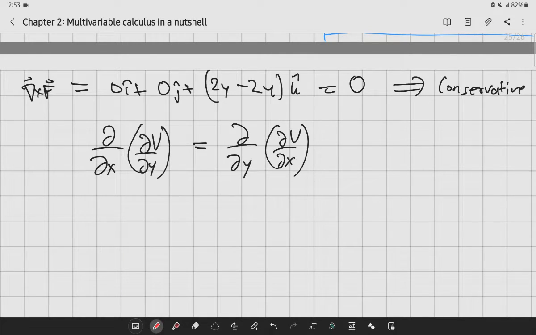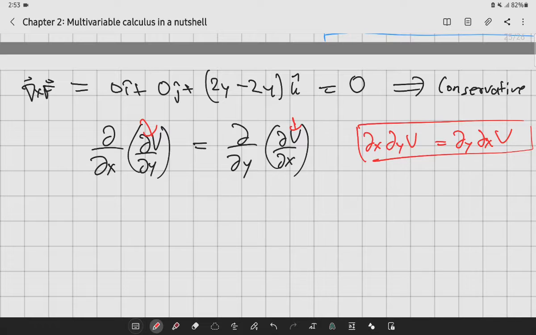Mathematicians can find V for which this doesn't work, but in physics most potentials are well behaved, so partial x partial y of V equals partial y partial x of V. This is commutative. Partial i can be x, y, and z.